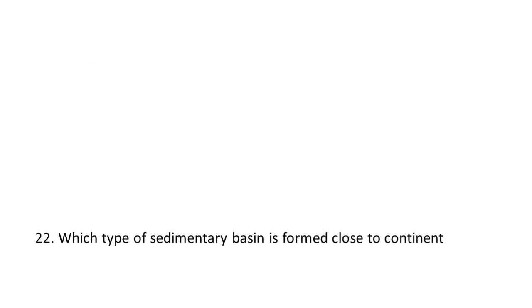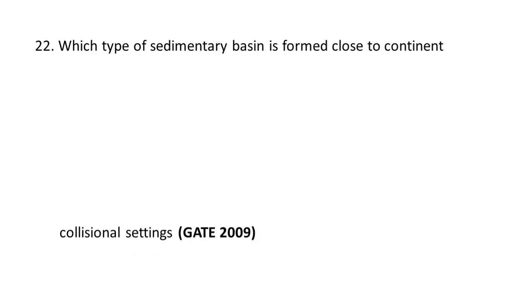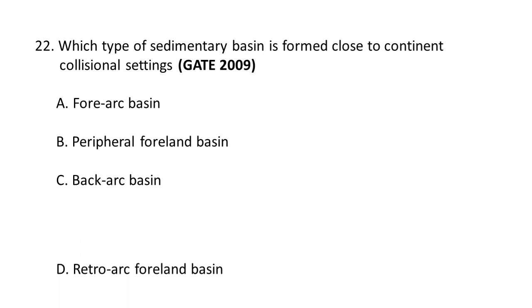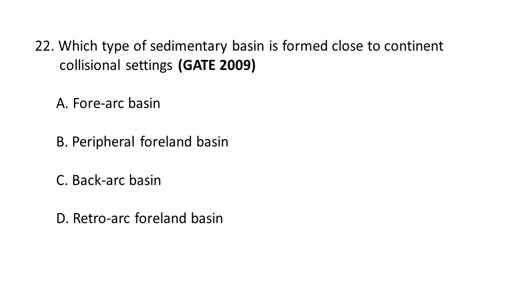Next question. Which type of sedimentary basin is formed close to continent collision settings? Choices are A. Fore arc basin, B. Peripheral foreland basin, C. Back arc basin, D. Retro arc foreland basin. The correct option is B. Peripheral foreland basin, a sedimentary basin which is formed close to a continent in a collisional setting.